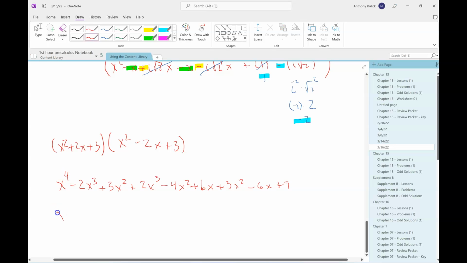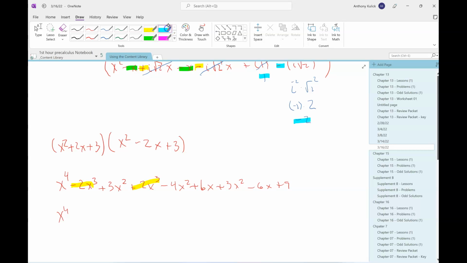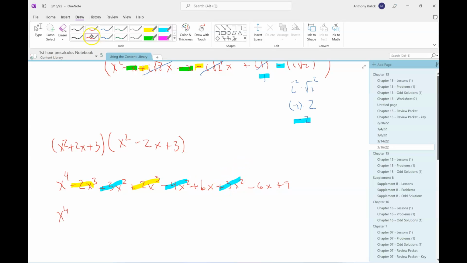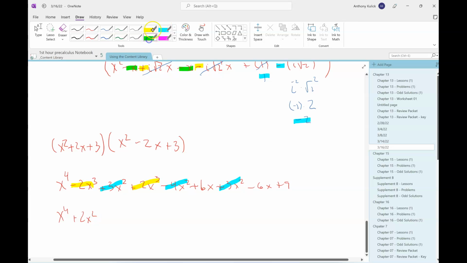That should be a 4. So I have x to the 4th. Then I have cubed. So those got rid of each other. That's cool with me. Squared. So I have 2x squared. And then I have greens. Those cancel out. I have +9.